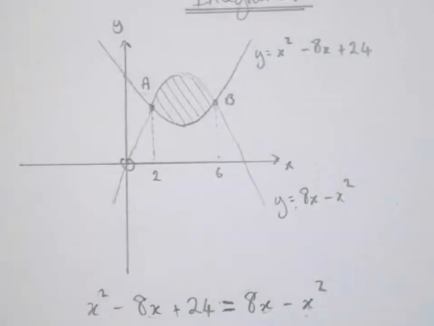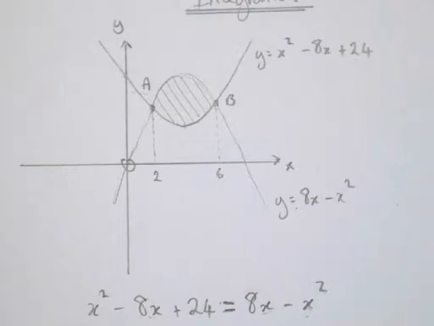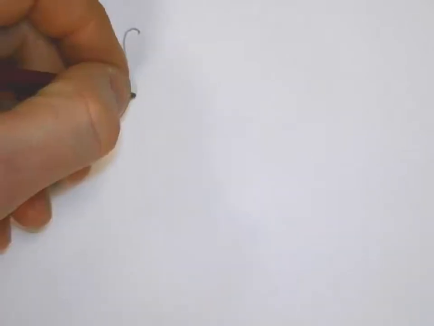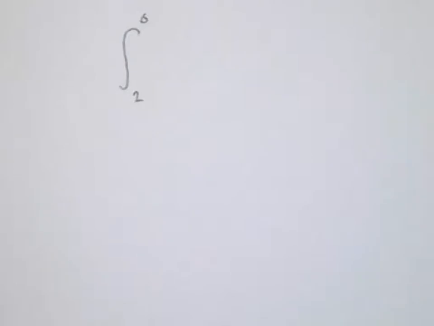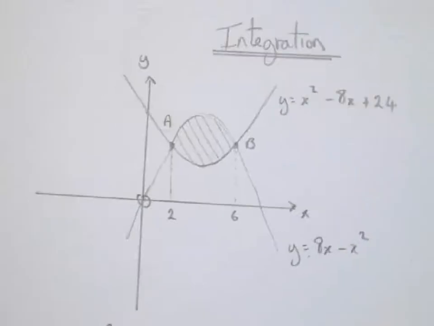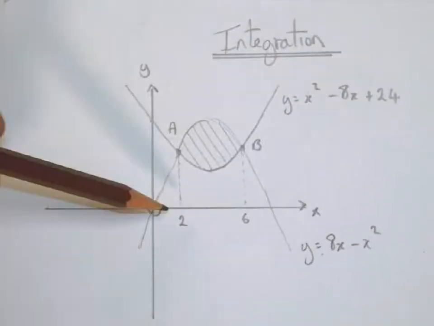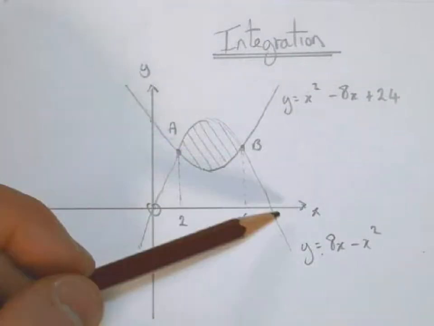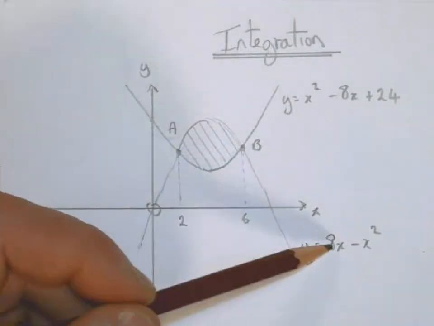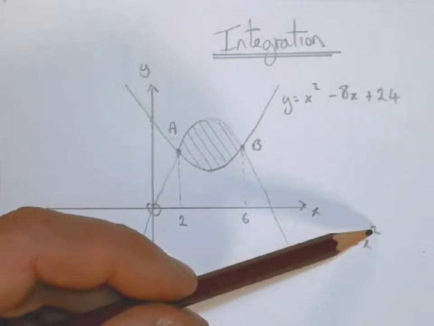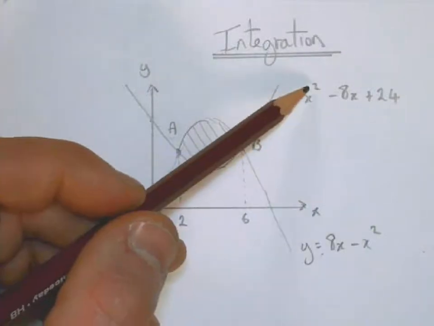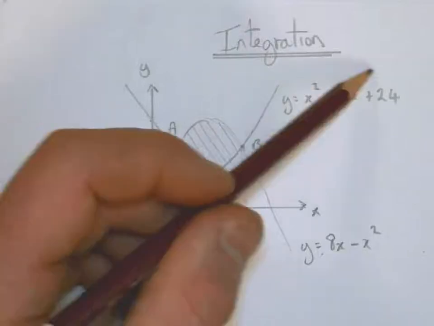Okay, so now we're going to have to integrate this. So we're integrating between 2 and 6. Now, to work out the area here, we have to integrate this quadratic, and then we have to take away the integral of this quadratic.